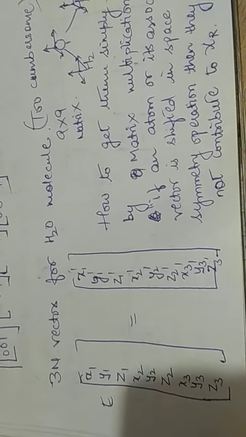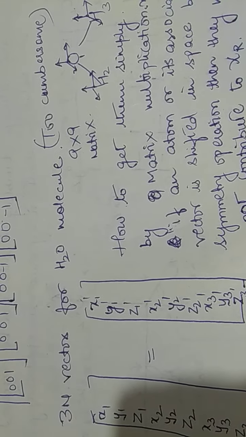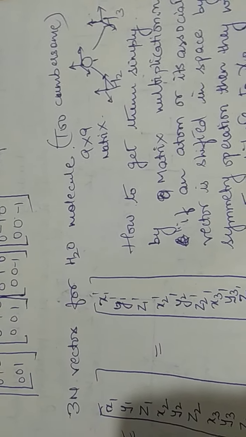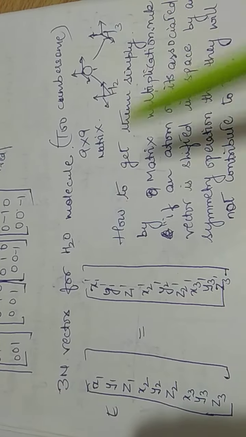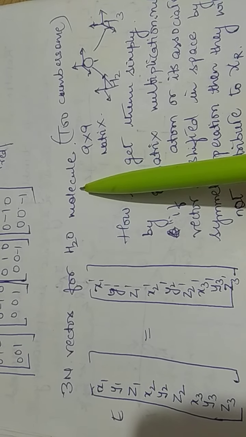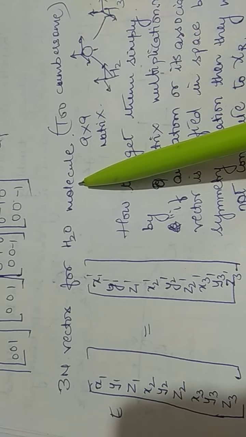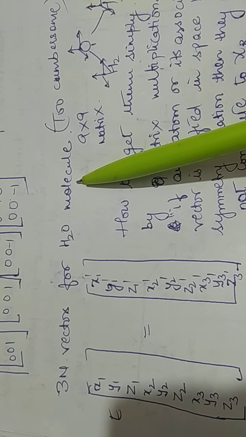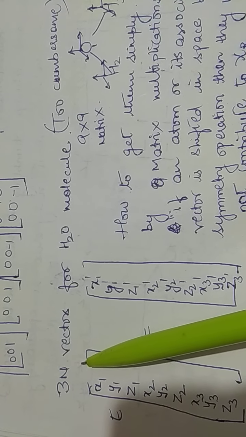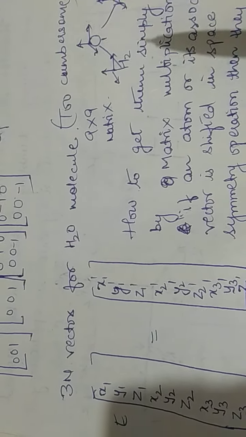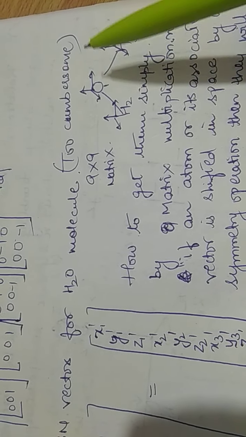This will be a little bigger matrix, so we are going to do the calculation only up to 3 or 4 atoms in a molecule, not more than that. So, the 3N vector system for the water molecule. In case somebody tells you to do a Cartesian coordinate system calculation, and that too for the 3N vector system, then you have to go for it. So what happens here is, see this water molecule I have shown.